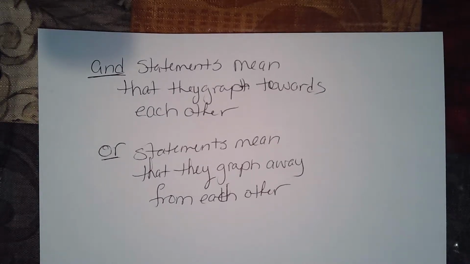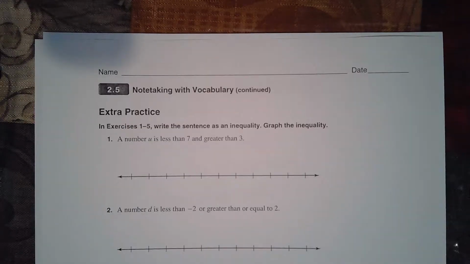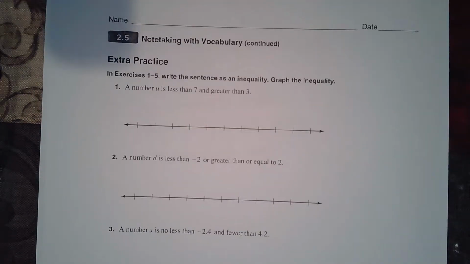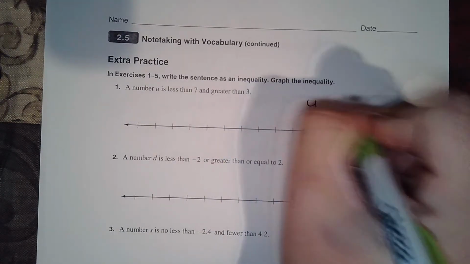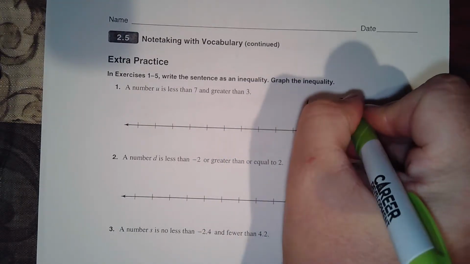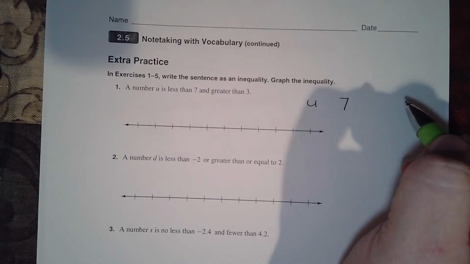So what I'm going to use is the actual one for the actual paper itself instead of writing it on another separate sheet of paper. So let's look at number 1. It says a number u is less than 7 and greater than 3. Well, let's put u in the middle. U is less than 7. So less than means that 7's bigger. So we're going to put the bigger number over here.